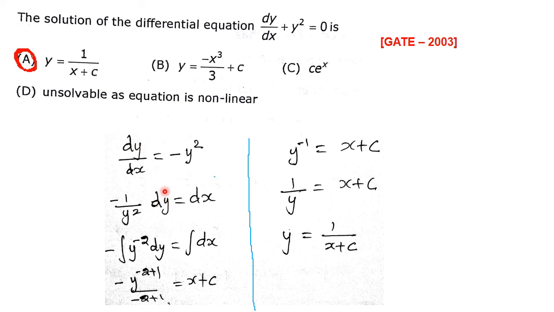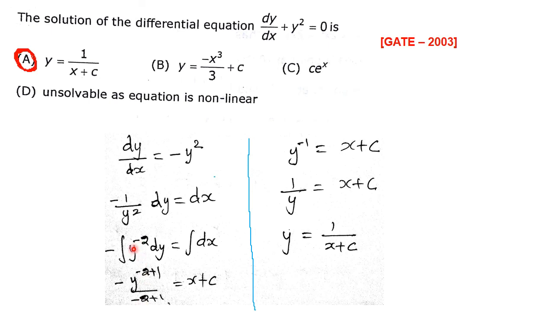To identify the solution y, integrate on both sides. When you integrate it, minus of y square is taken into the numerator. So minus y power minus 2 into dy is equal to integral of dx. Now we know the integration of x power n is x power n plus 1 divided by n plus 1.